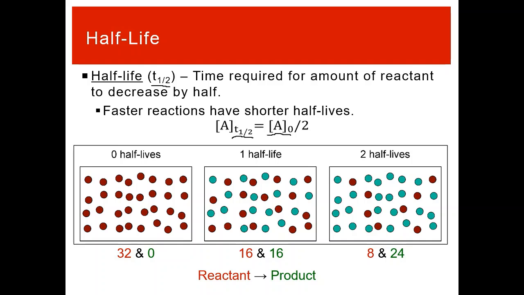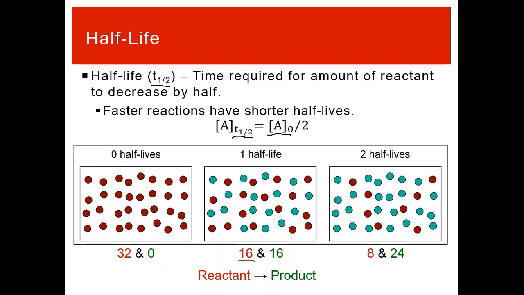If we think about this process of undergoing half-lives, say we start with 32 of the reactant. After the first half-life, half of them would be gone, so we only have 16 left. When we go to the second half-life, the absolute change is going to be different, but it's still 50%.